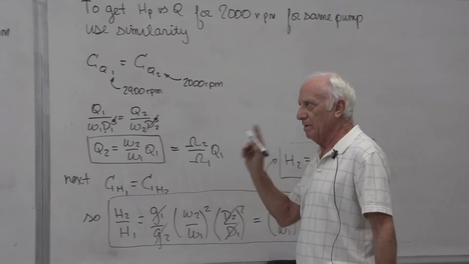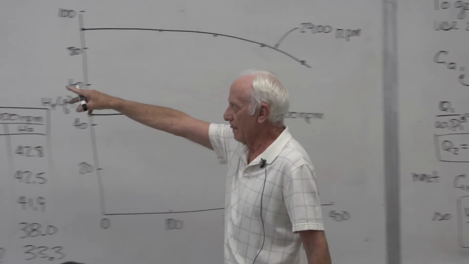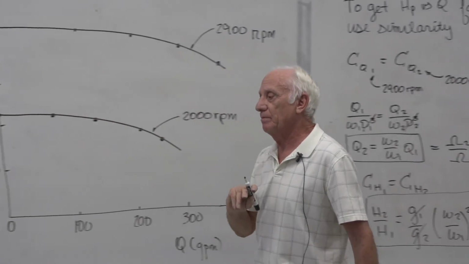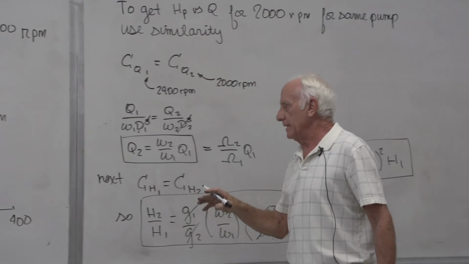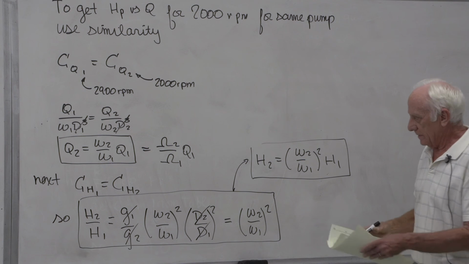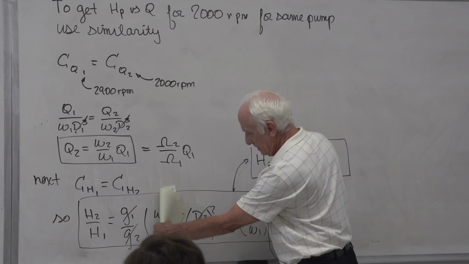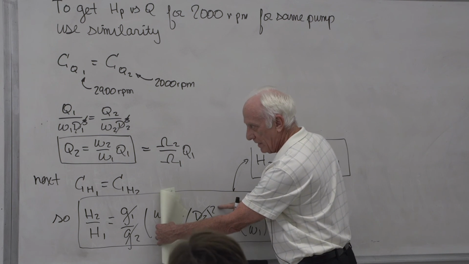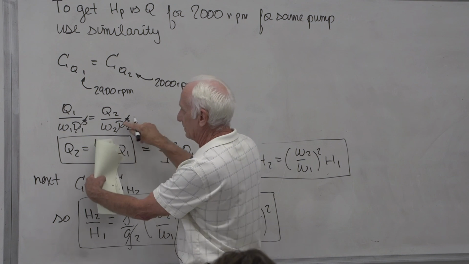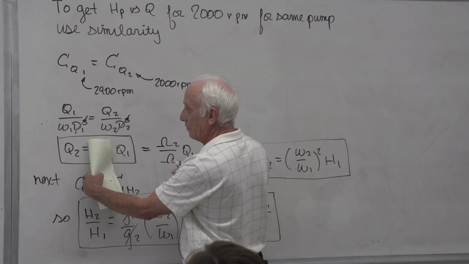Once you run one pump test from experimentation, you can change the pump speed, or maybe you want to keep the pump speed the same, but change the impeller diameter. In that case, this becomes 1, and now it's the impeller diameter squared. In this case, this guy here is 1, but the diameters stay in there as the cubed.